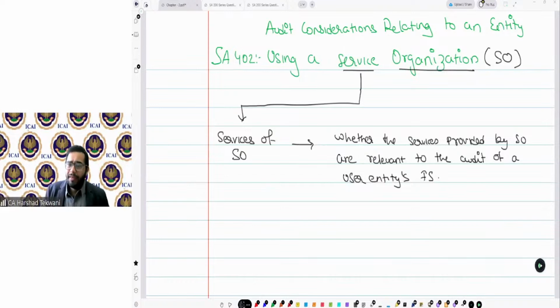Basically, the service organization's services are part of the user entity's information system. If the service organization's services are part of the user entity's information system and business processes relevant to financial reporting, then I will say yes to this.